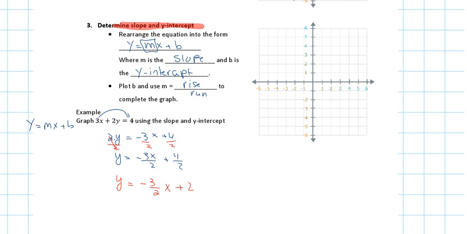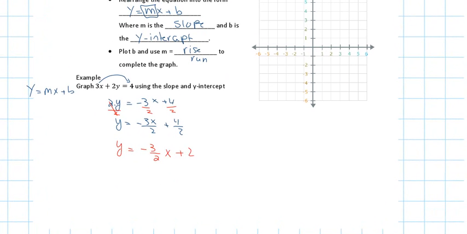Okay, so what is your slope and what is your y-intercept? What's your y-intercept? Is it easy to find? 2 is your y-intercept. And your slope is? Negative 3 over 2.